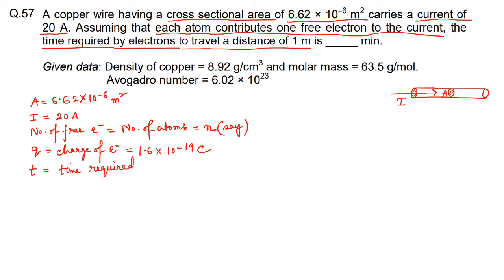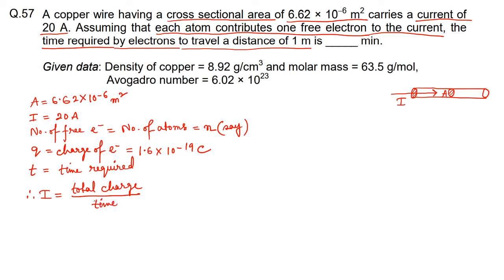Then we can write that the current flow is equal to total charge divided by total time.